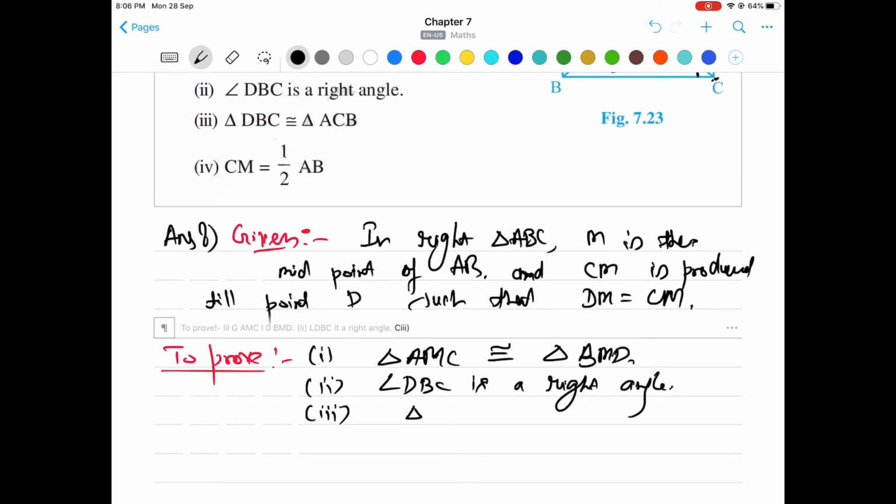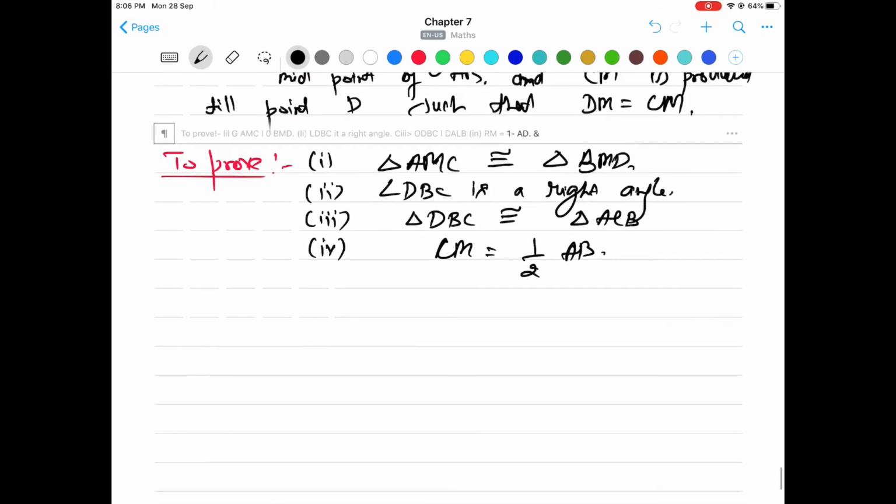Third one is triangle DBC is congruent to triangle ACB. And the last one is CM is half of AB. So let's start the proof of each one by one.